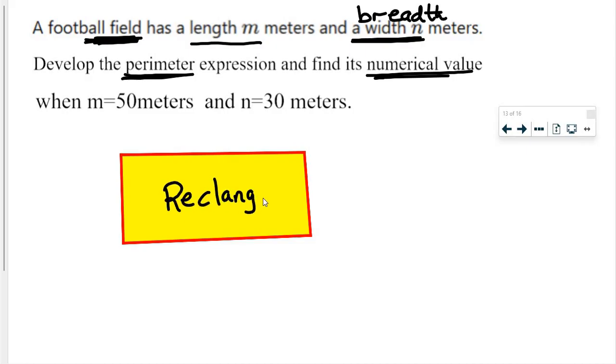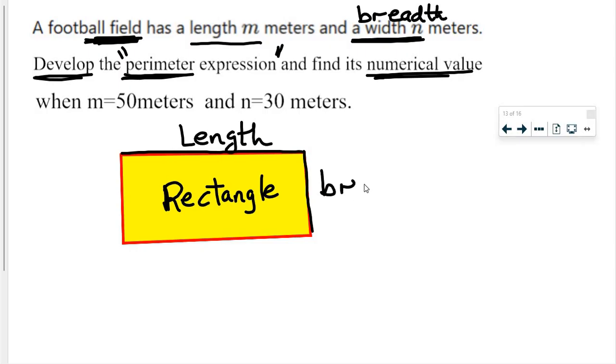Even to develop the perimeter expression will depend on the concepts of a rectangle. How does a rectangle look? A rectangle has this side here, which we call length, and this side here, which we call breadth or width.